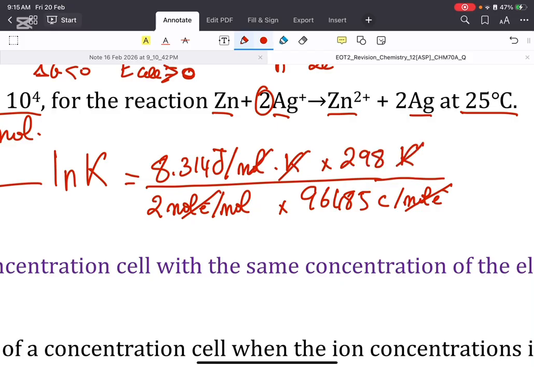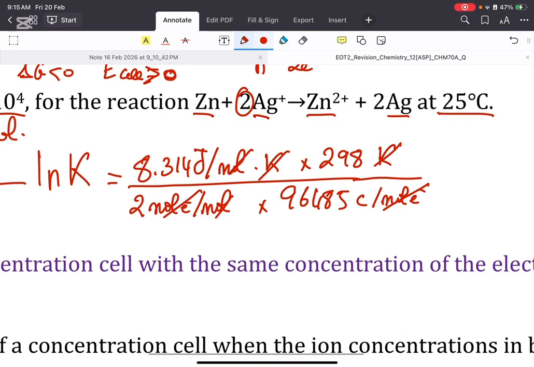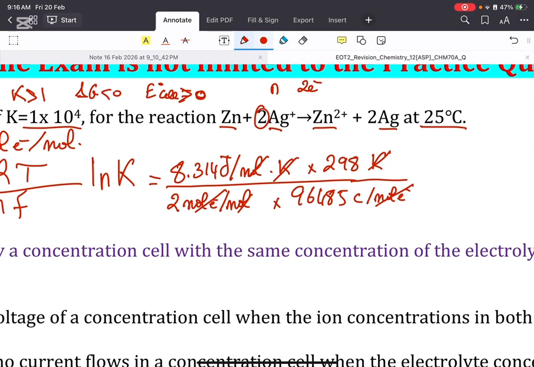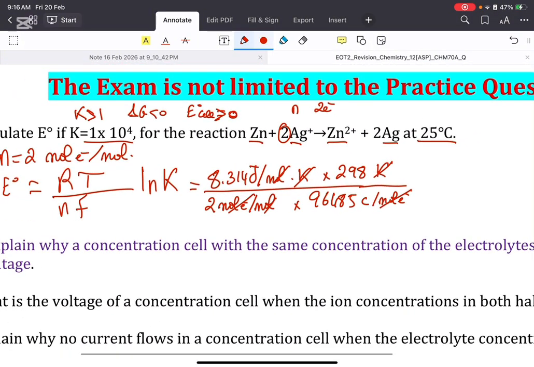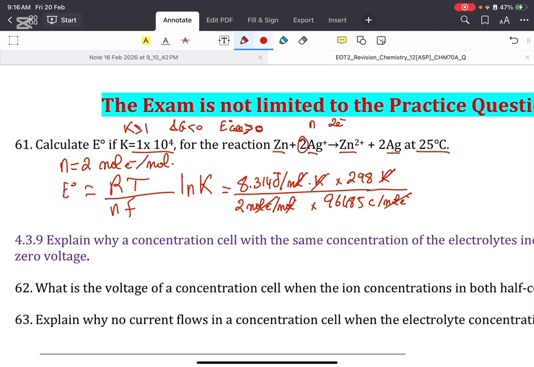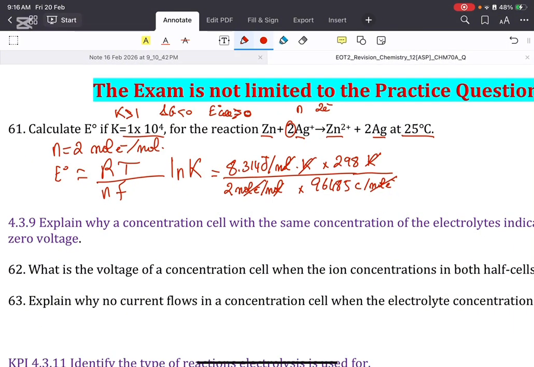So Kelvin and Kelvin, they cancel out. Mole and mole, they cancel out. And I'll get the answer as joule per coulomb. And that is true because the volt is a joule per coulomb. So here's the unit of the voltage, E.